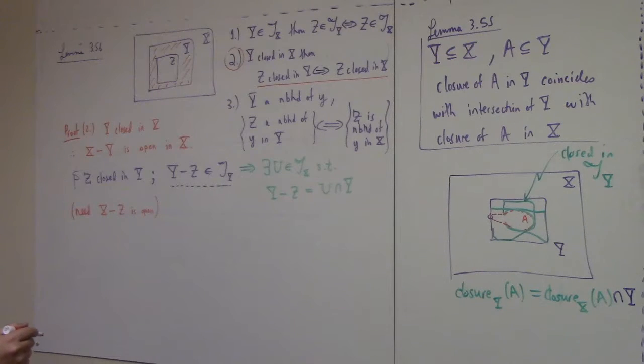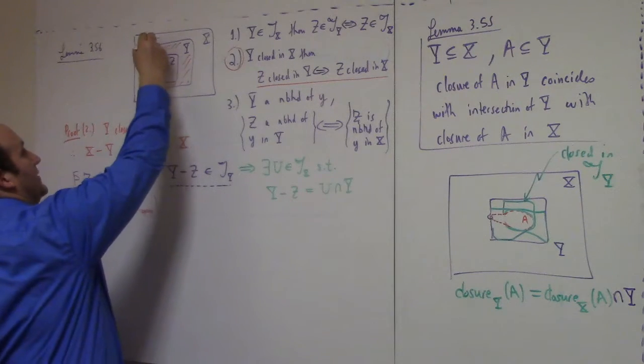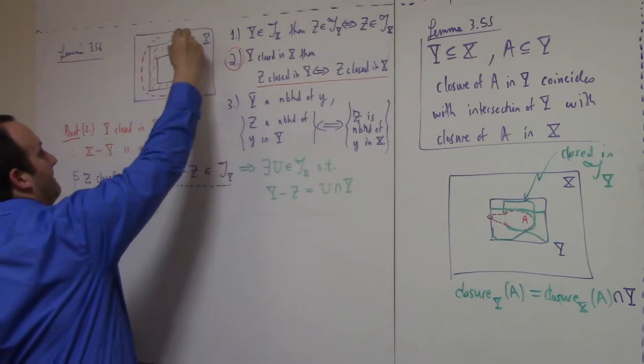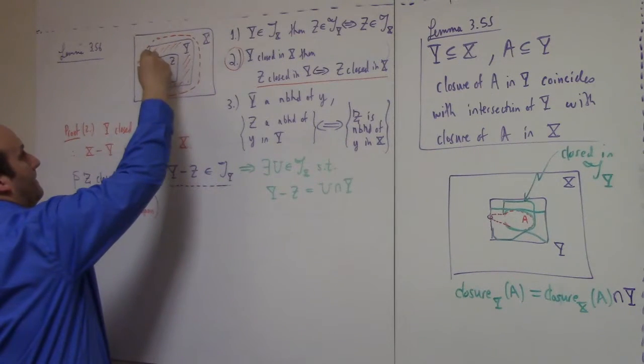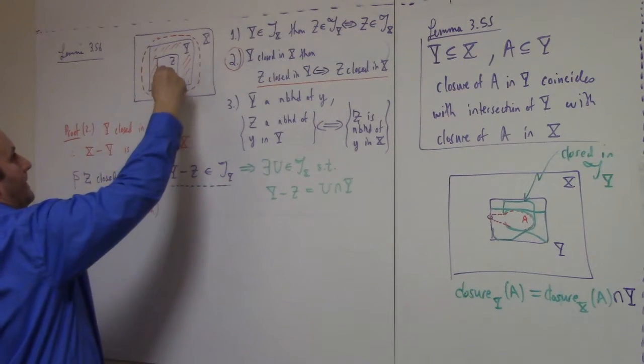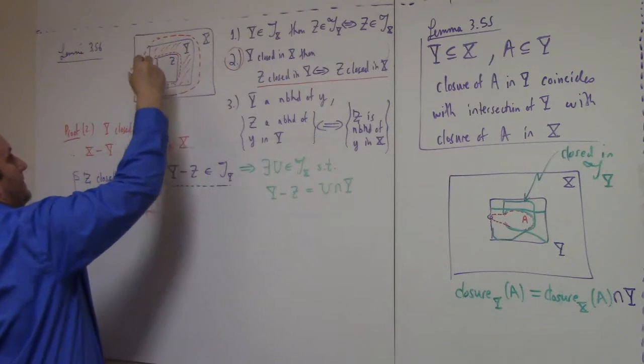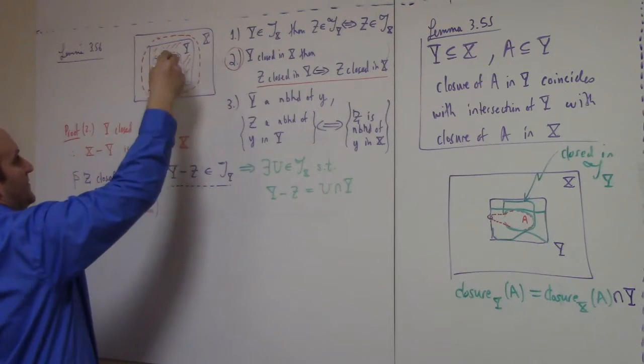And that's the intersection of some open set. So there's some U out here, like that, roughly speaking.